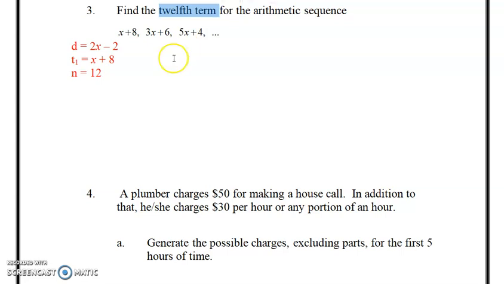So t to the n, or we can put in t to the 12th, because that's what we're looking for. t to the 12th is equal to question mark. Or what I like to do is put it as t to the n, just so we're a little less confused.